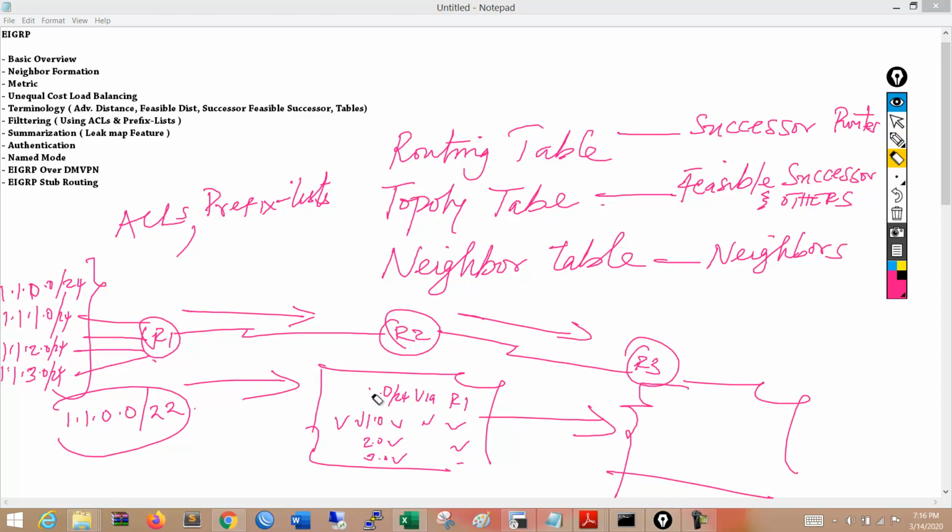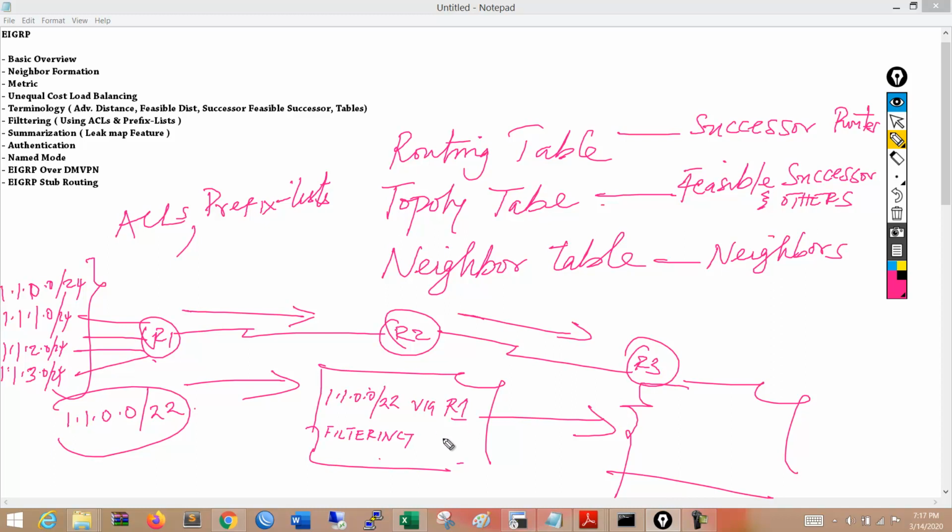So instead of having all of these routes, we are going to have just one route that says 1.1.0.0/22 via R1. That is what summarization does for you. You can also do a little bit of filtering with summarization.